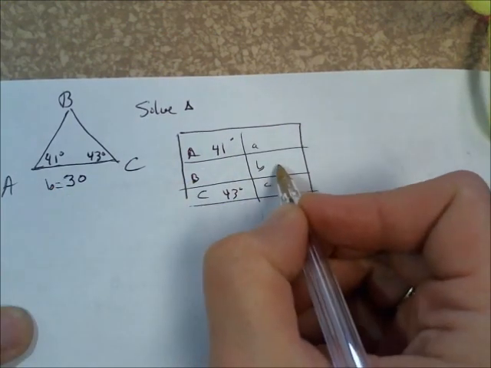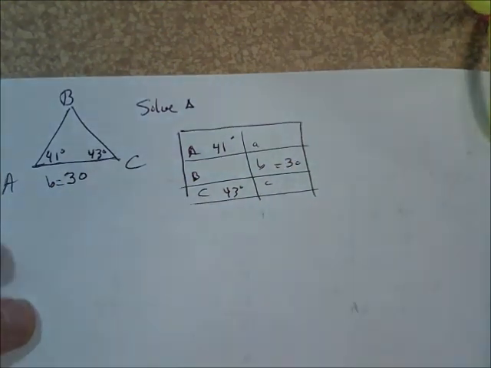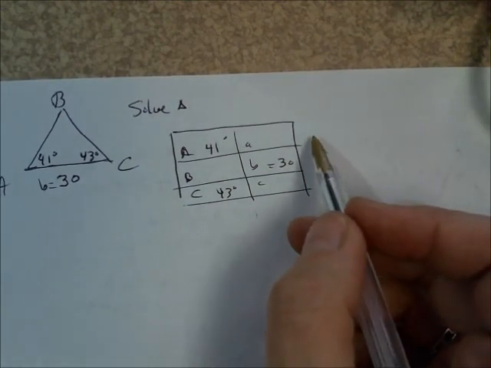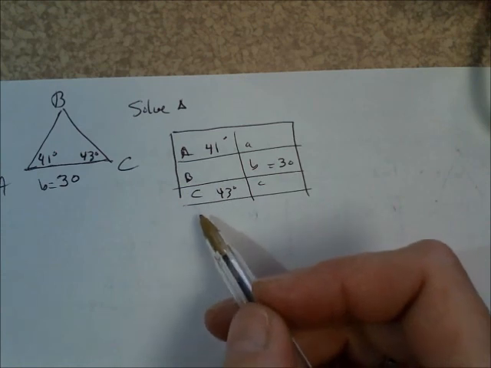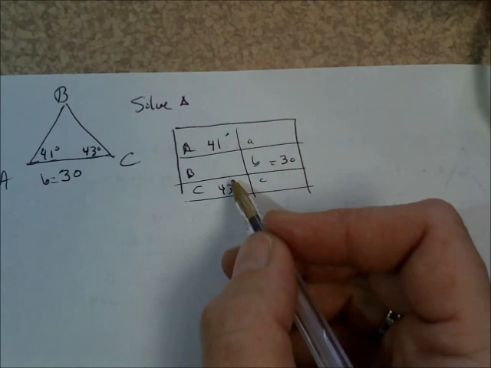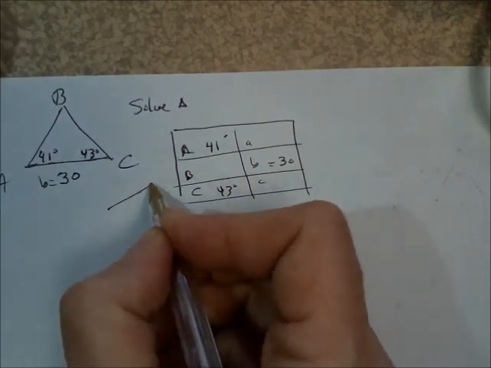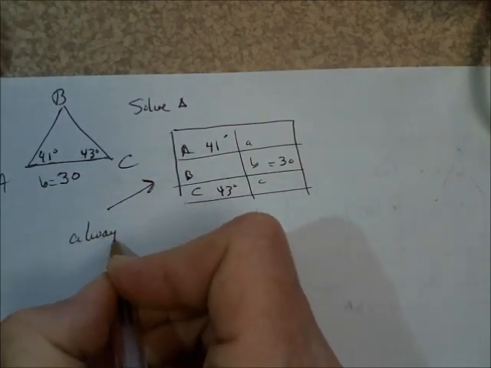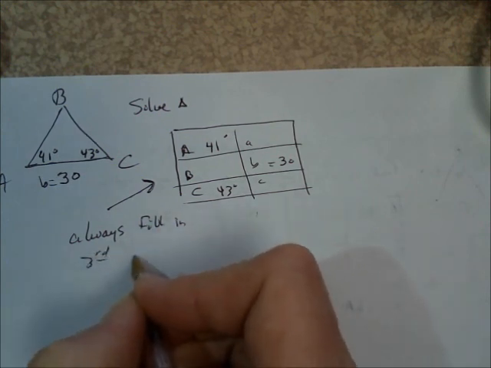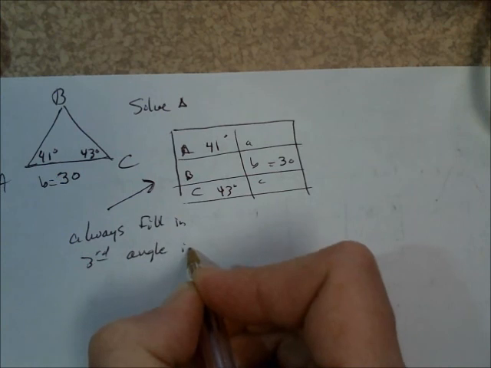And little b is 30. Well, what we have here, with this information, we really can't use the law of sines, but if you're given two angles, always fill in the third angle, if you know the other two.